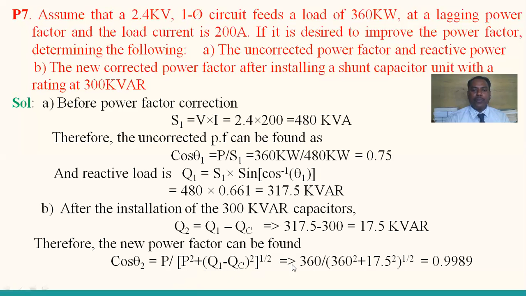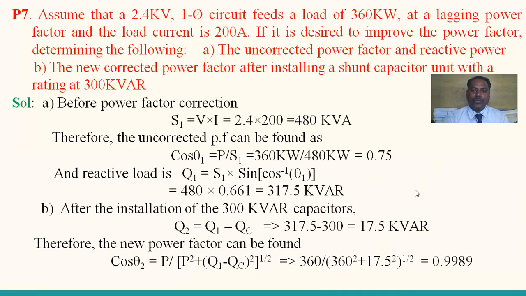So real power P is 360 kilowatts divided by (360 square plus 17.5 square) whole power half, which is equal to 0.9989, the new corrected power factor after installing a shunt capacitor unit with a rating of 300 kVAR.